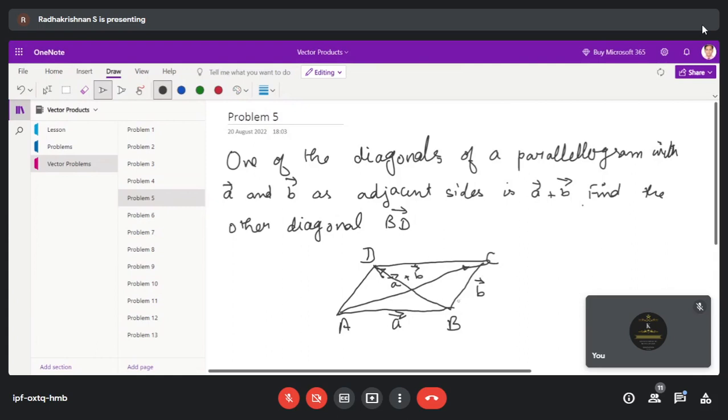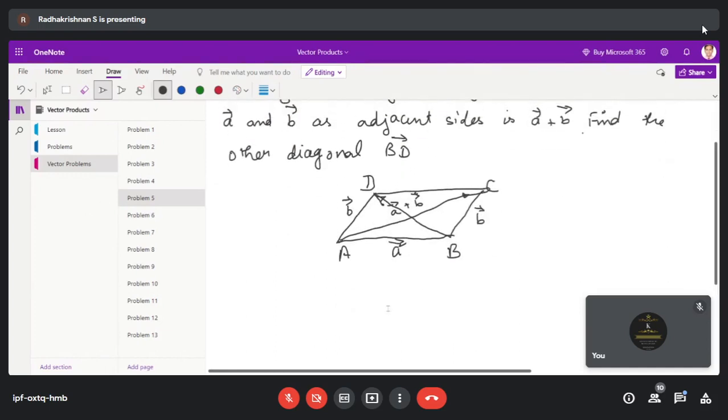AC equals A plus B. So what is BD? Anybody figured it out?